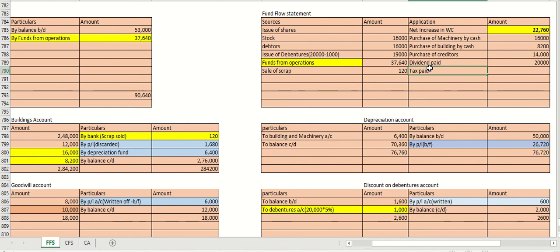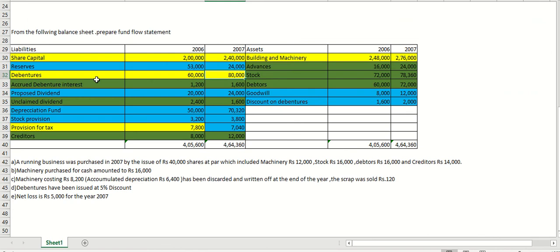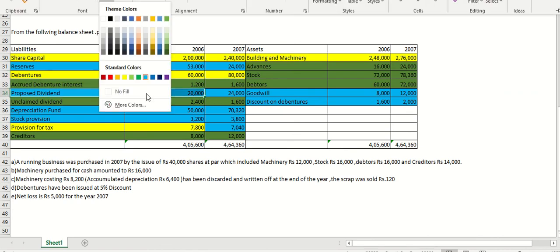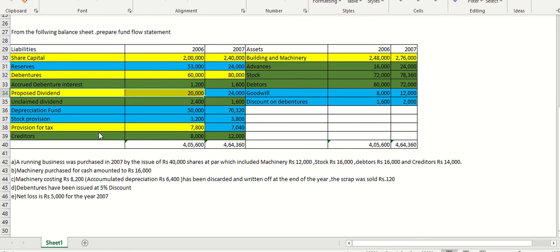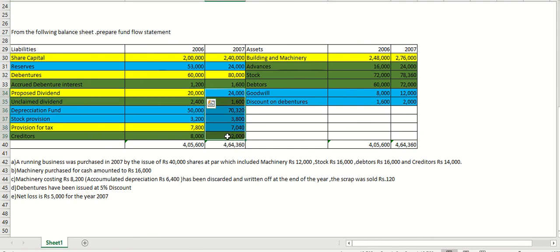So tax paid is 7,800. So I again repeat, the last year provisions we assume it to be paid the current year, and the current year will assume it to be the provisions for the current year.